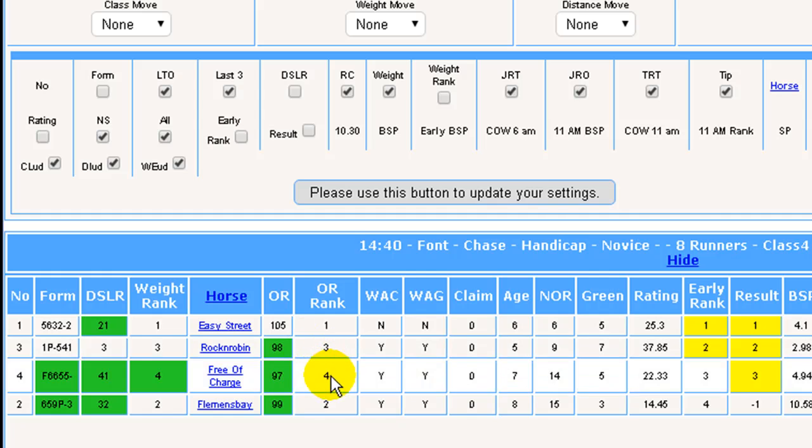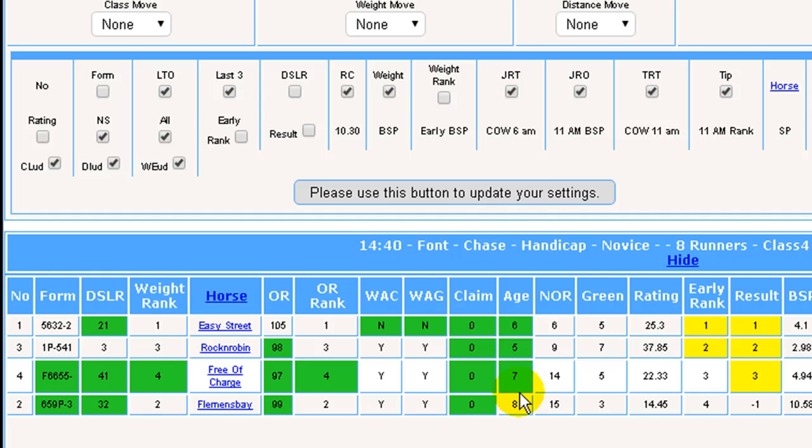Anything outside the top 1, 2 or 3, it gets a green if it's got an N on either of these columns, and we give it a green if it's not claiming. I give it a green if it's a 3 or 4 year old, because I just like those, and I only give it a green if it's got a number of runs of 15 or more. So that one didn't quite get in there, but it was close.